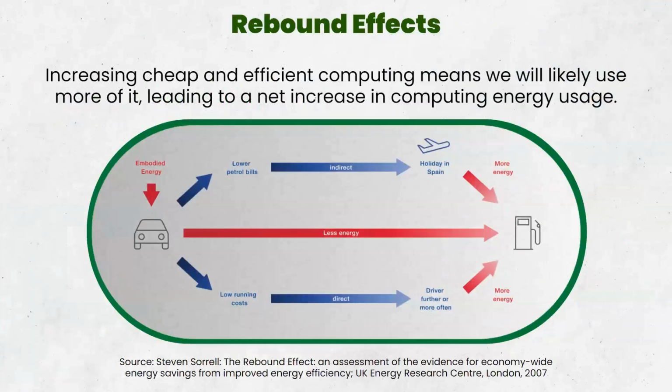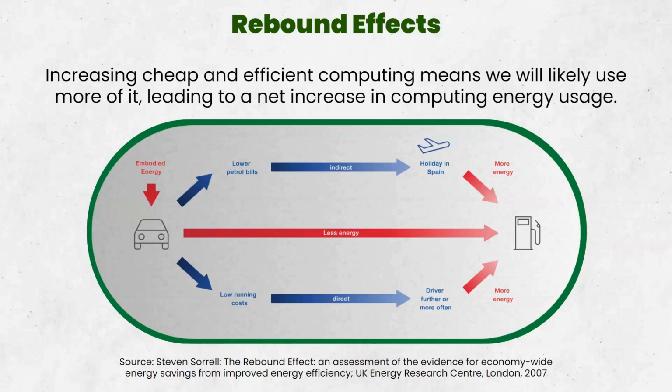So all of this compounds into, as I alluded to earlier, this idea of a rebound effect, which is effectively as things become cheap and more efficient, we don't use less, we end up using more in some cases. So in this example here, if the fuel used to power our cars becomes more energy efficient, this has direct savings. We might use less energy to power that car. But at the same time, maybe that will mean we have lower petrol bills, which means we save some money, which means we end up taking more holidays to Spain, which are relatively cheap, leading to this indirect increase in energy usage.